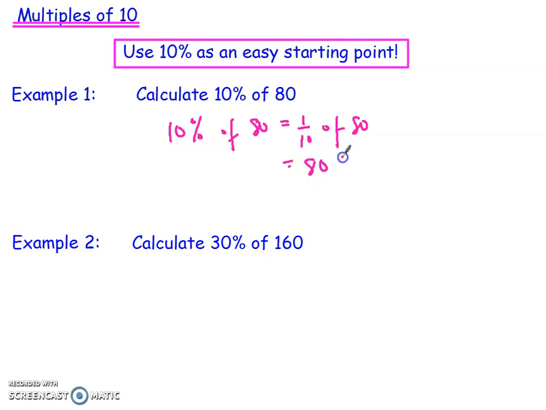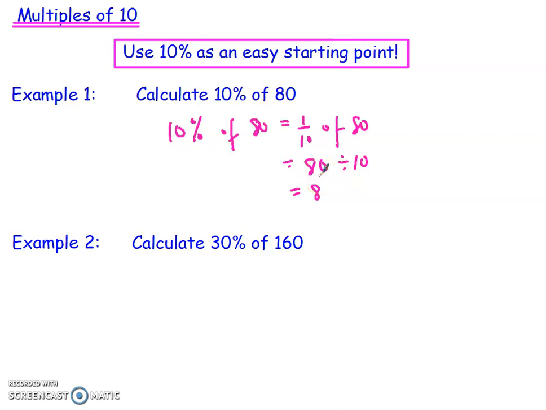So the pupils would take the 80, divide by 10 and get 8. That would allow them a nice gentle start. We would find 10% of a lot of different values, some whole, some decimal, some that give whole number answers and some that give decimal answers as well, and start to build up their confidence from there.